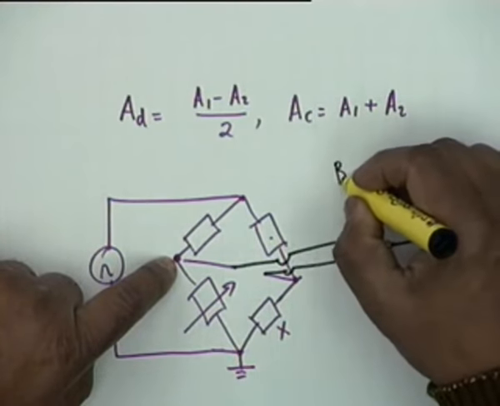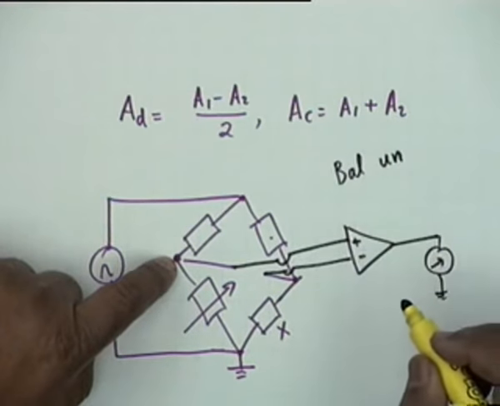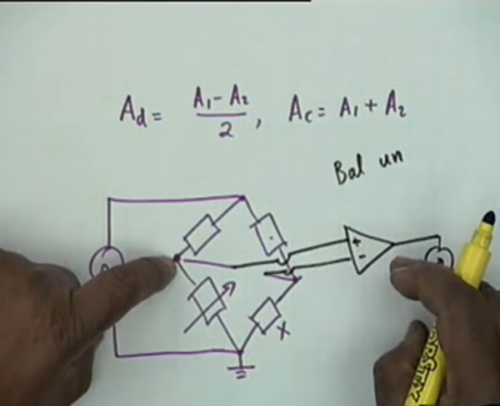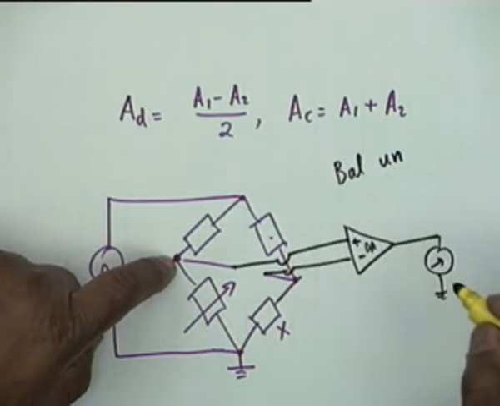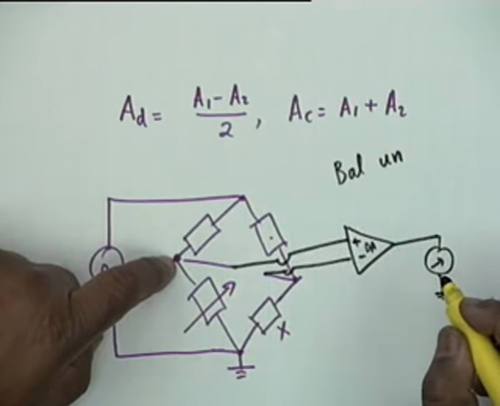So what we have done is a balanced to unbalanced transformation by means of a differential amplifier, and this helps us in checking the null condition of the bridge.